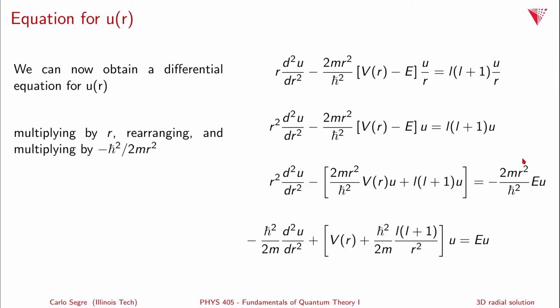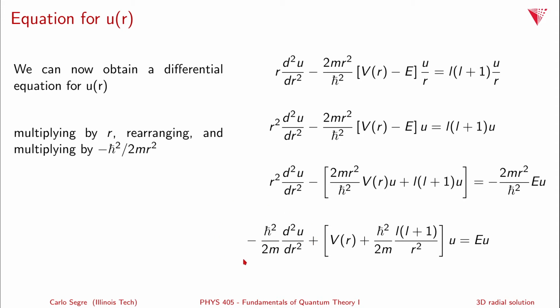Finally, we multiply times the inverse of this constant, which is h bar squared over 2mr squared with a minus sign. And we get, over on the left side, minus h bar squared over 2m. The r squared cancels out. d squared u/dr squared.